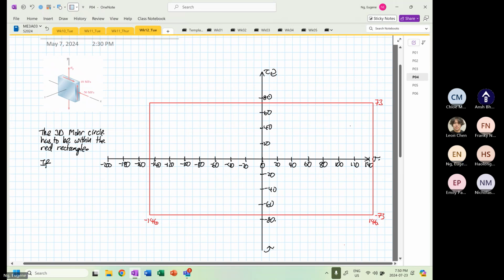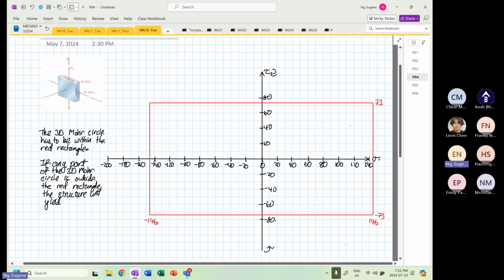If any part of the 3D Mohr circle is outside the straight rectangle, the structure will yield, which we don't want to happen.